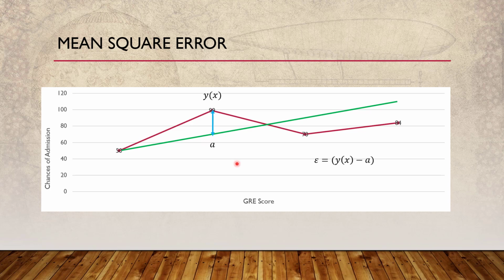And if you remember, for each and every point we took the difference between the actual value and the predicted value, summed it up, and then tried to minimize that particular error, right?